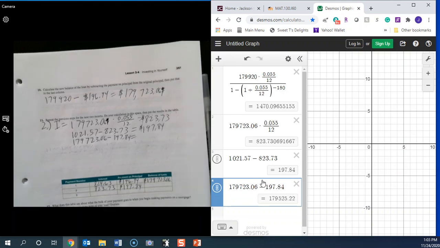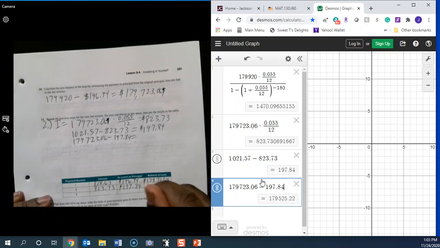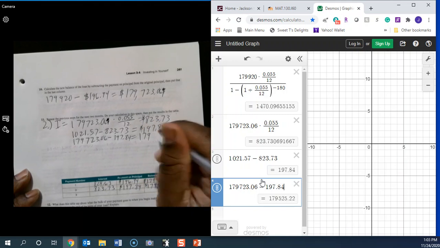Okay, so now we're still in the 179,000. So we got $179,525.22. So now we basically repeat this process again.